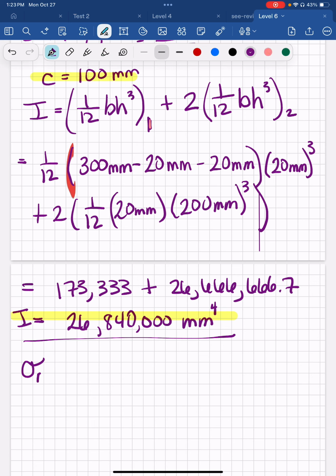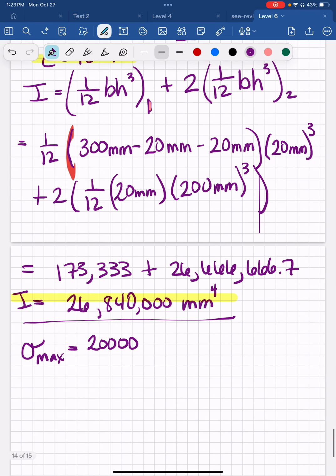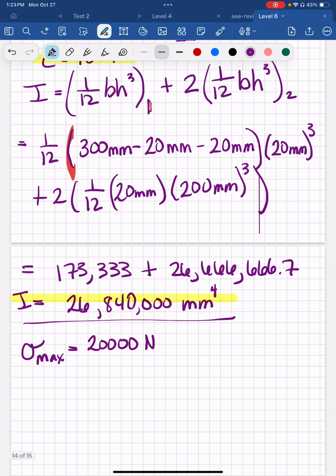So stress max, just that original equation, equals M, which is 20 kilonewtons, so it's 20,000 newton meters, times C, which is 100 millimeters. Then we need to get the meters to millimeters, so 1 meter is 1,000 millimeters.